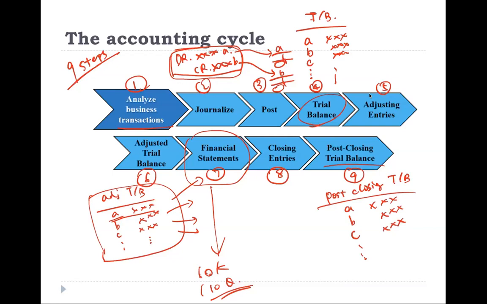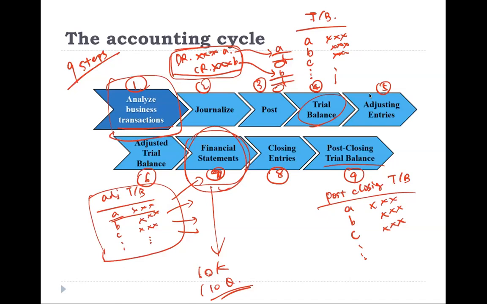And in today's class, we're going to talk more about step 1, analyze business transaction. We're also going to talk more about step 7. Step 7 generates the most important product of this accounting cycle, which is the financial statement.